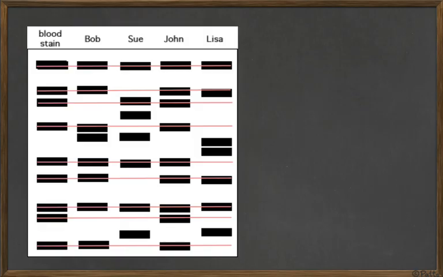It doesn't match everything in Bob, so there is one missing in Bob here and one that's not present in the bloodstain. So it may mean that Bob is a relative of the suspect, but not the suspect. Sue doesn't match, Bob doesn't match, John matches, and Lisa doesn't match. So in this case, the blood stain belongs to John.